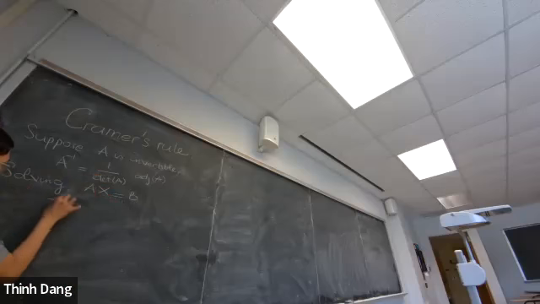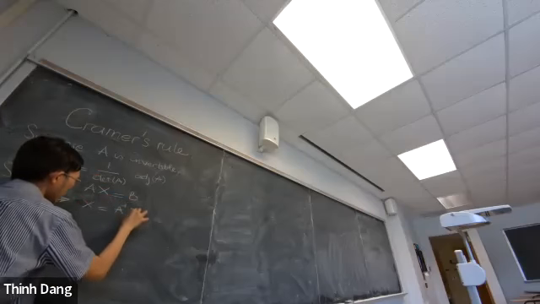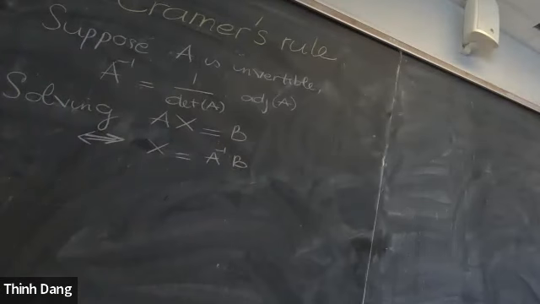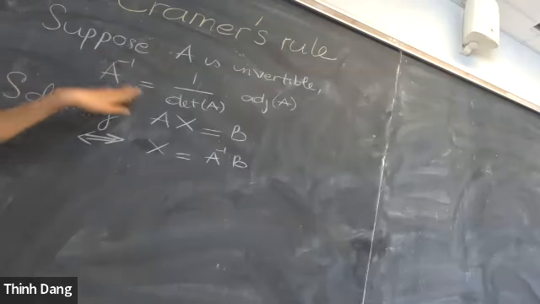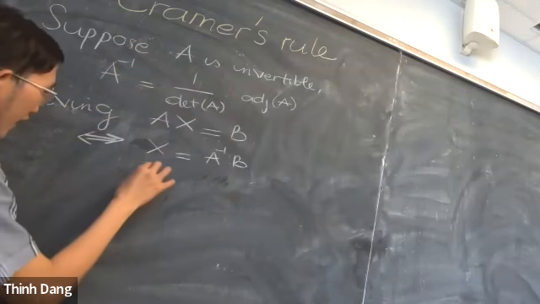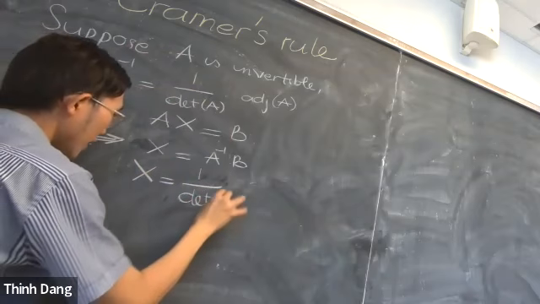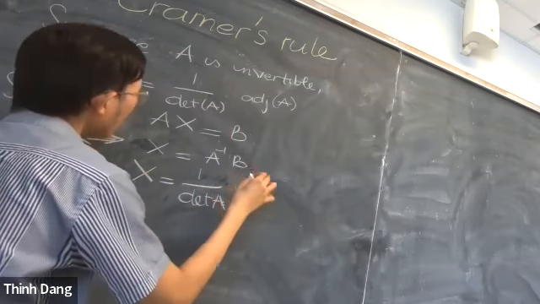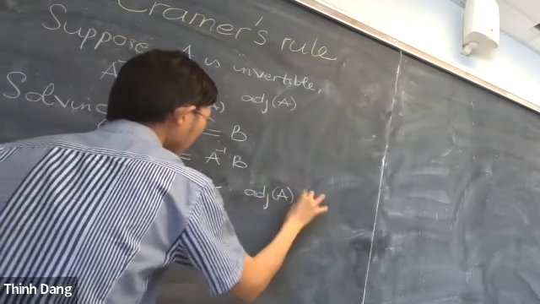Equivalently, this system says that x is equal to A inverse multiplied by the column vector B. So far we have learned the formula for the matrix A inverse, so I'm going to plug that into this formula. x is now equal to 1 over the determinant of A, and then the adjugate of A multiplied with the matrix B.